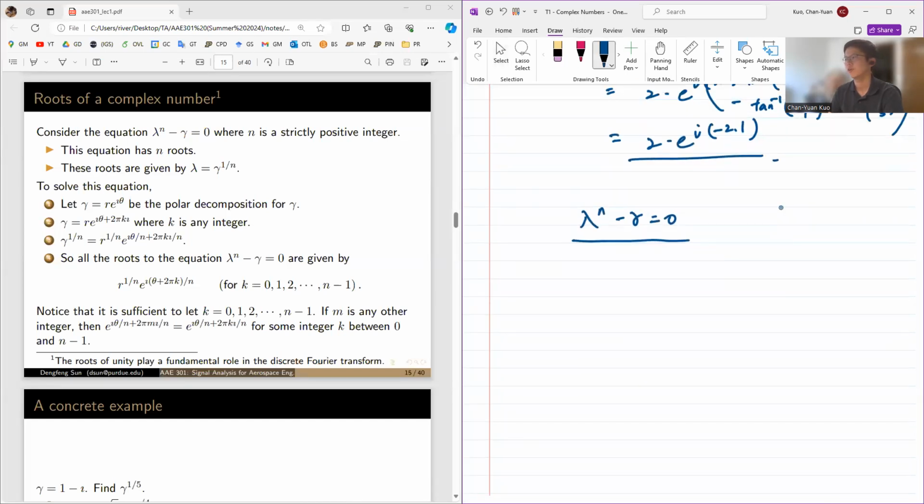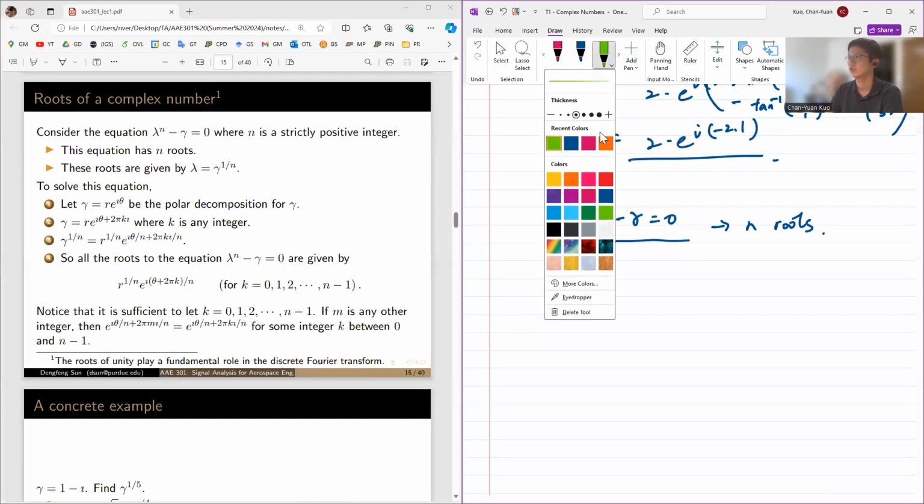According to the fundamental theorem of polynomials, we know that the number of roots will equal the highest power of the polynomial. In this case, we have lambda to the power of n, so that means we will have in total n roots. This is according to the fundamental theorem.